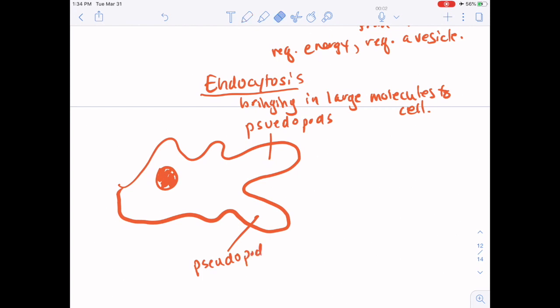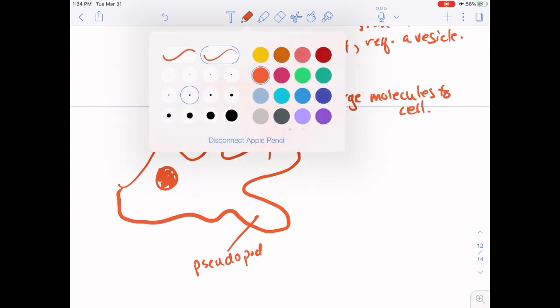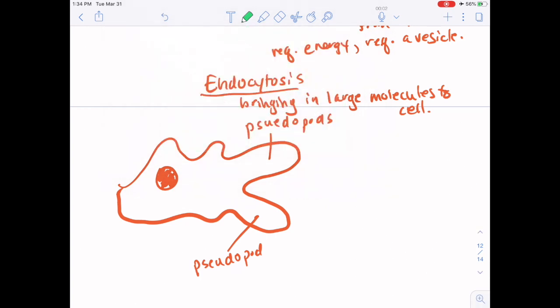I misspelled pseudopod up here. There we go. Let's say there is some yummy large food particle right there. A cell will use these false feet, these pseudopods, to surround this food particle with membrane. Let me move this right there.